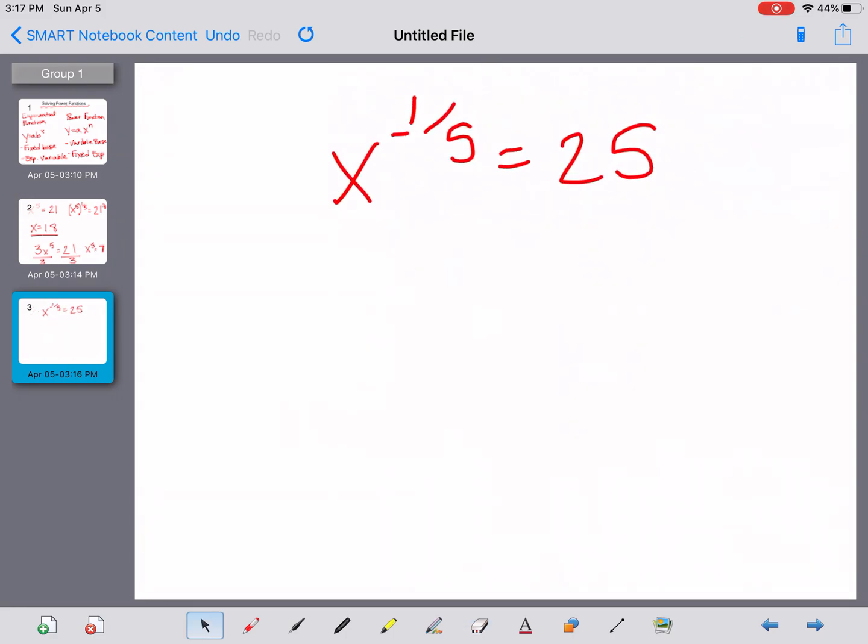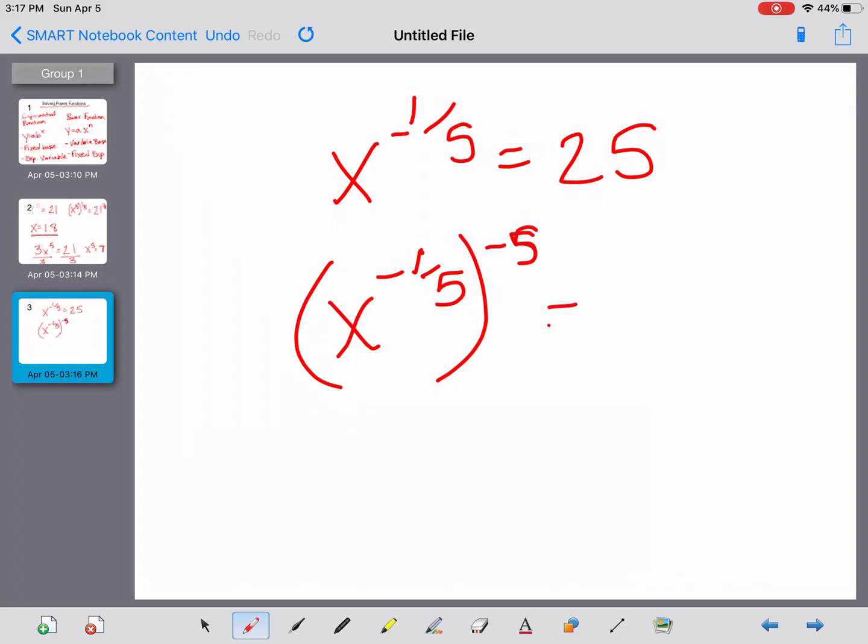So I'm sitting now with that. Now I could take it to the negative 5, which means I just take 25 to the negative 5, and then I could solve that way. So I'm using my rational exponents to do that.